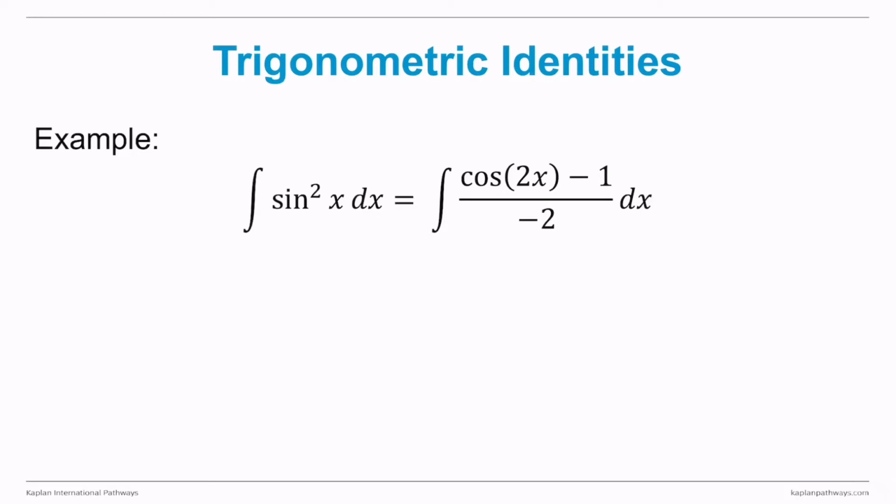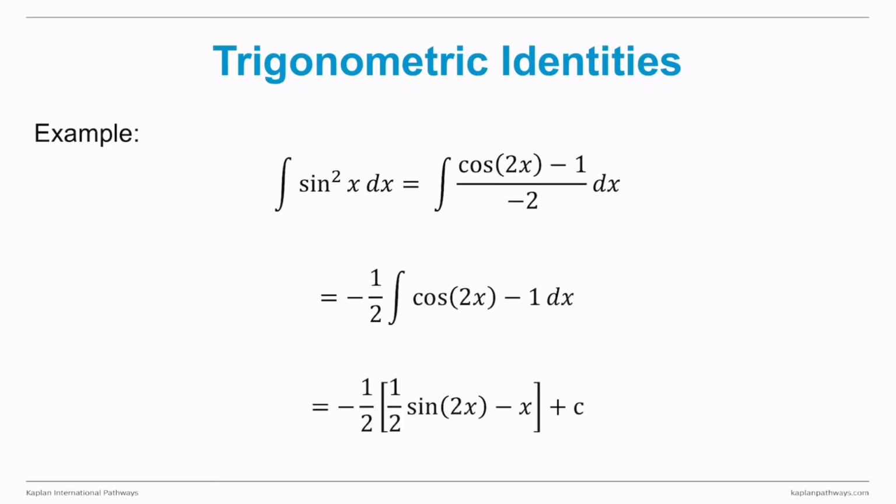We can take the 1 over minus 2 outside, as a number like minus 1/2 can go outside, and then we integrate cosine 2x minus 1 dx. So the minus 2 at the denominator means it's minus 1 over 2, and we're left with integration for cosine 2x minus 1 dx, which is easy.